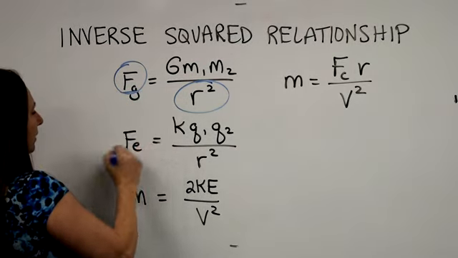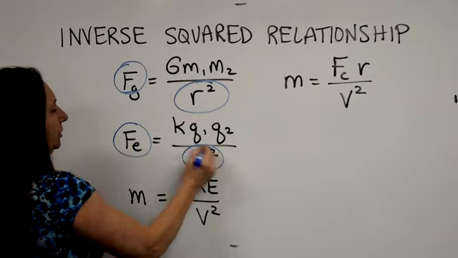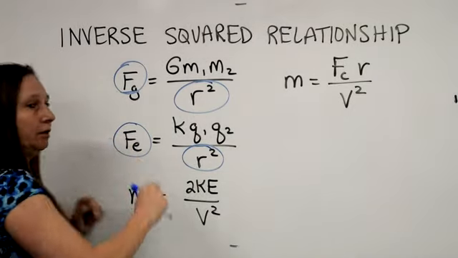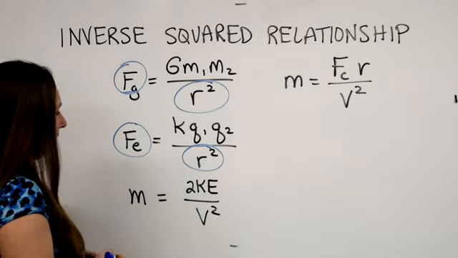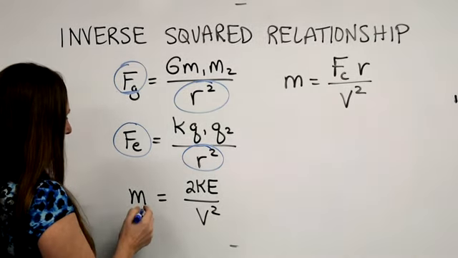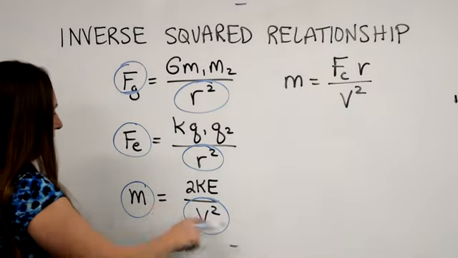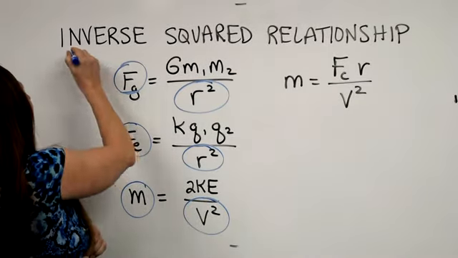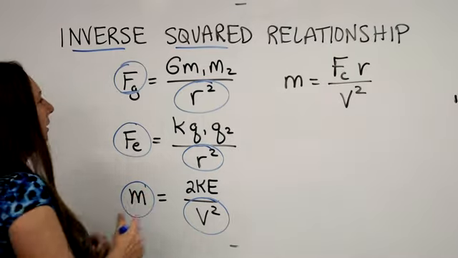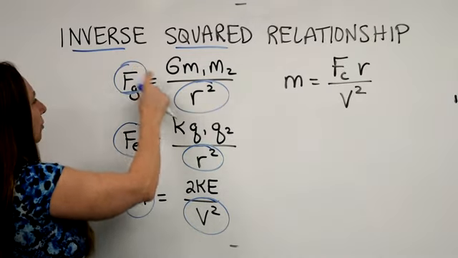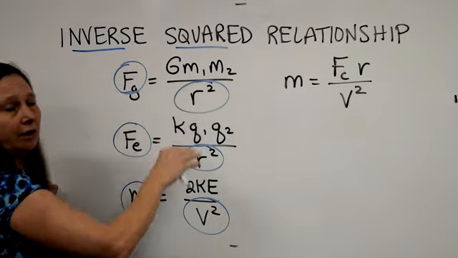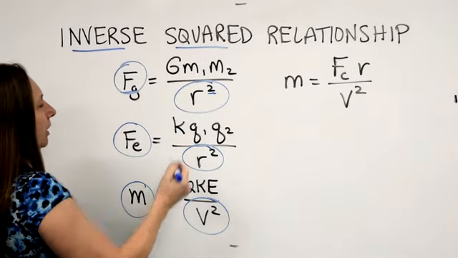Right here, you've got the mass, you've got v squared, inverse squared relationship. Remember, inverse and squared. Inverse because you've got numerator and denominator on opposite sides of the equal sign, and it's squared.